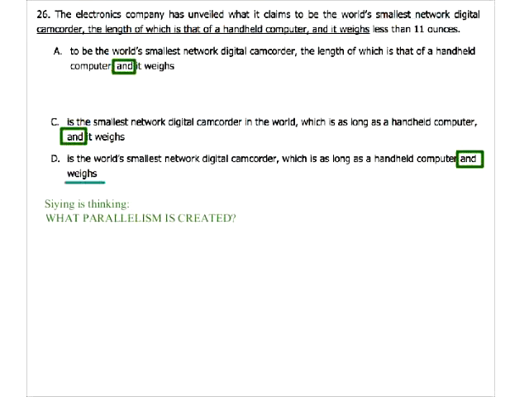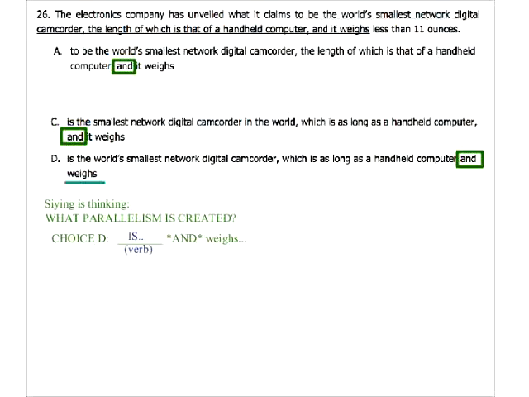So in choice D, it's another verb, right? So in choice D, we know that we're looking for blah, blah, blah, and weighs. So in this blank right here, we need another verb that creates the parallel structure. So that's going to be "is."